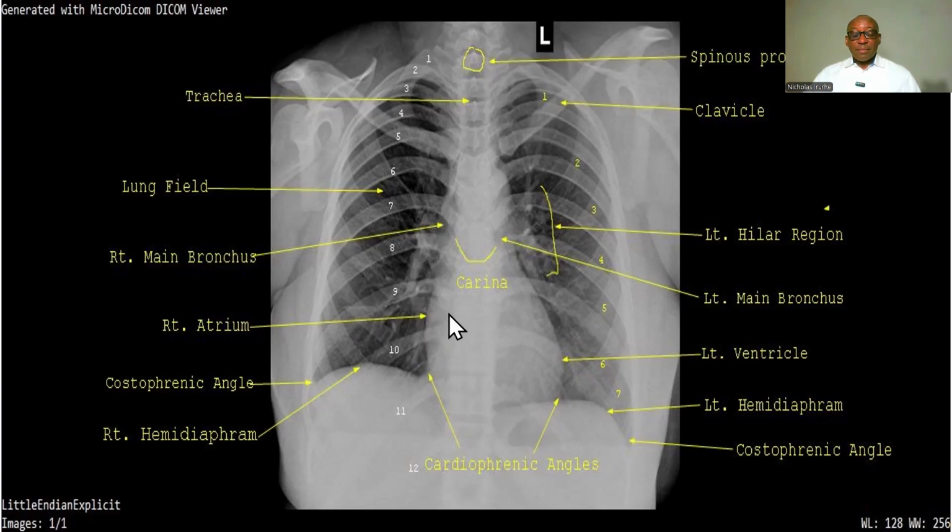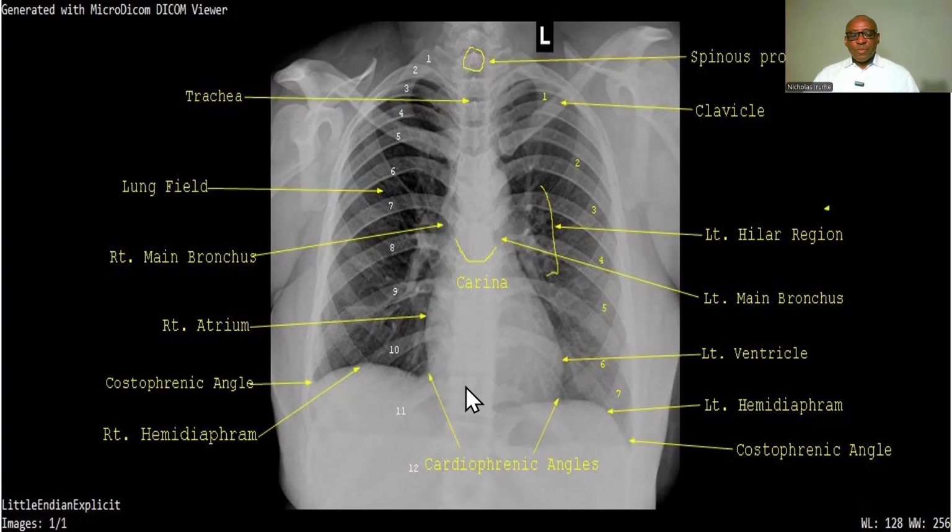And the right atrium is usually 1/3 of the cardiac shadow, while the left side of the heart is usually 2/3 of the whole cardiac shadow.